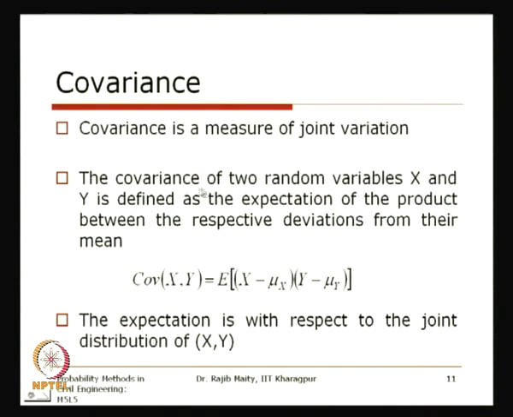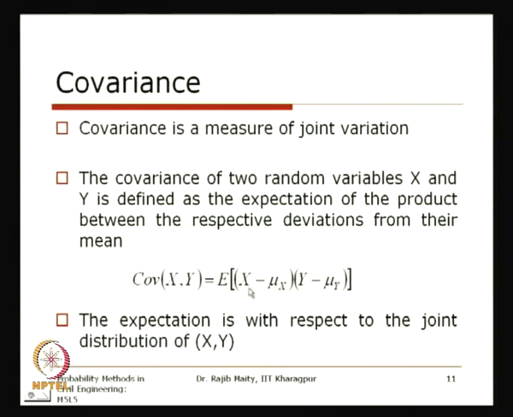The covariance of two random variables X and Y is defined as the expectation of the product of the respective deviations from their means.